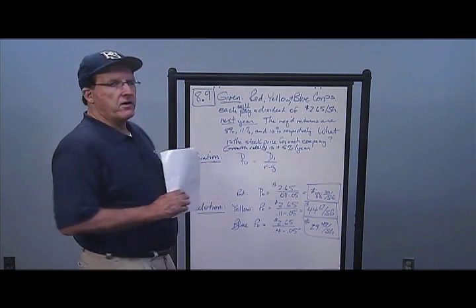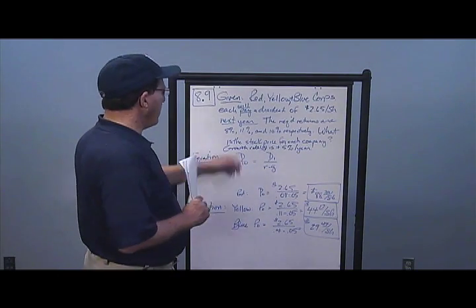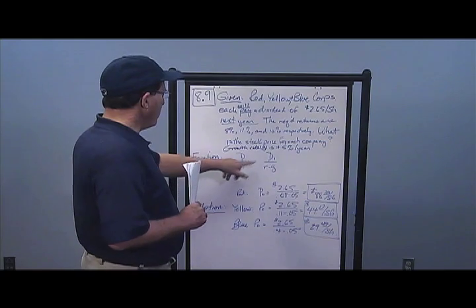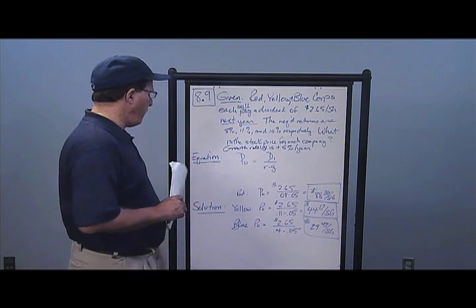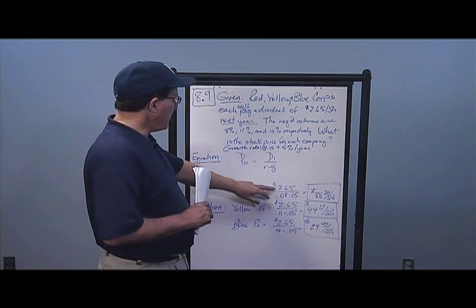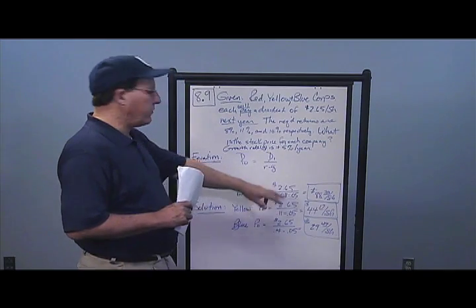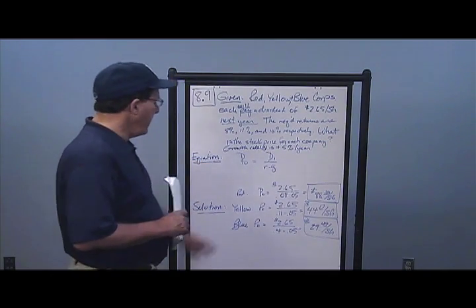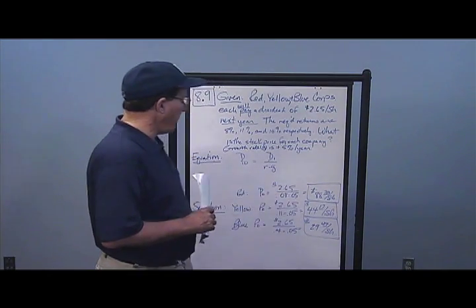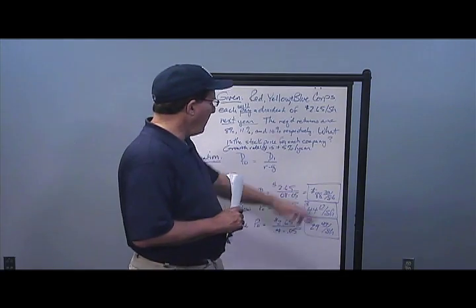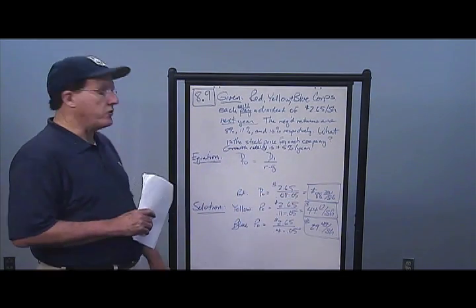The constant dividend growth rate equation, price today is equal to D1 over R minus G, is used for all three problems. So for red, I take $2.65 D1 divided by the required return 0.08 minus the growth rate of 0.05, and I get a share price of $88.33 per share.